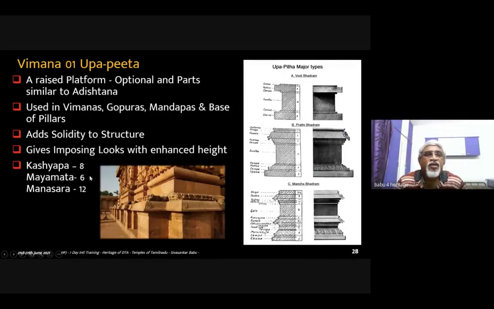This is normally used in Vimanas, Gopuras, and Mandapas, primarily to add solidity to the structure, enhanced height, and sometimes if the soil is loose soil or near a river and other things, adding one more layer of a raised platform is always helpful. So this is the function of Upapita.